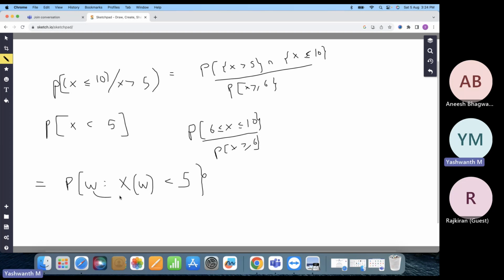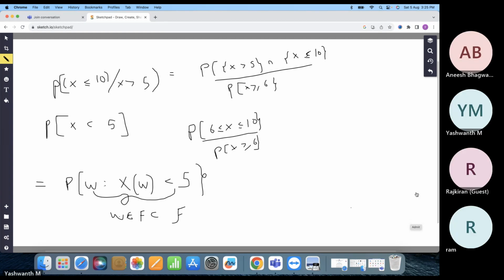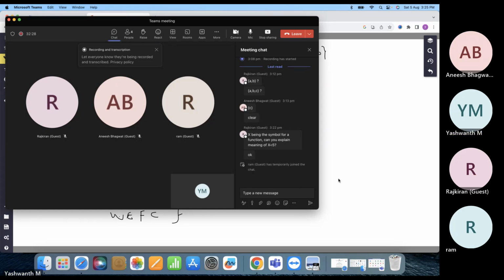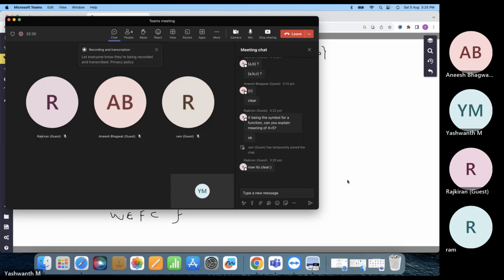So this is a probability on this set, and this set belongs to some F. Let's call this set F, and this F belongs to some underlying sigma field. Got it? I think Rajkiran, right? Okay, cool.